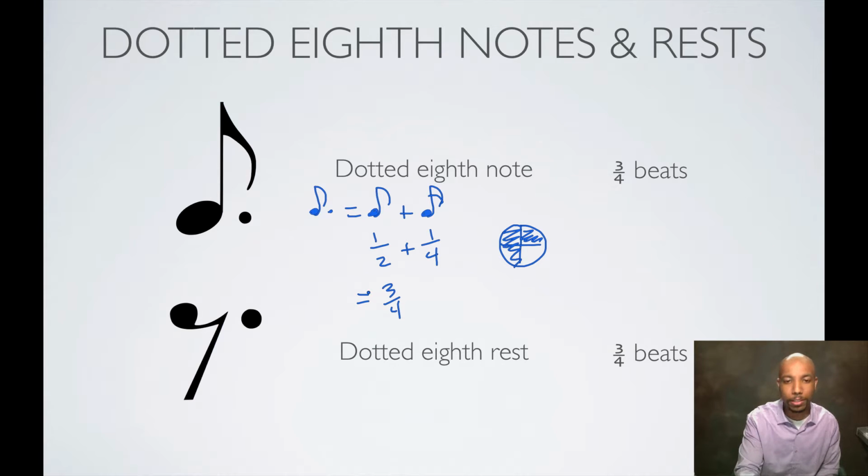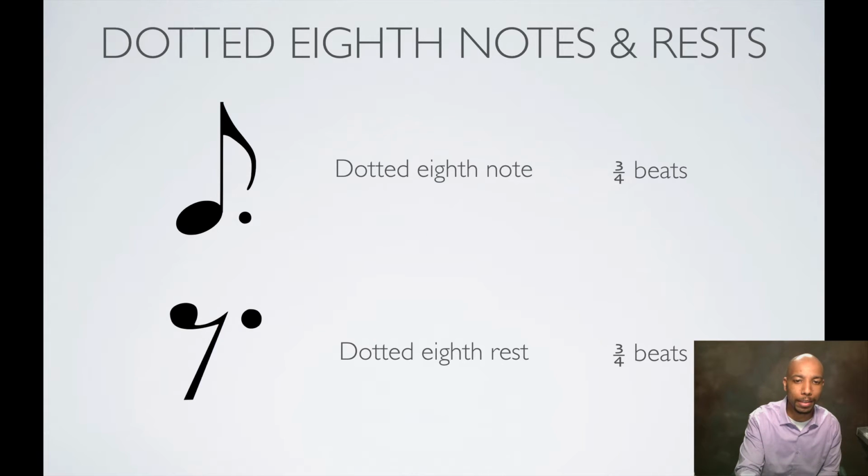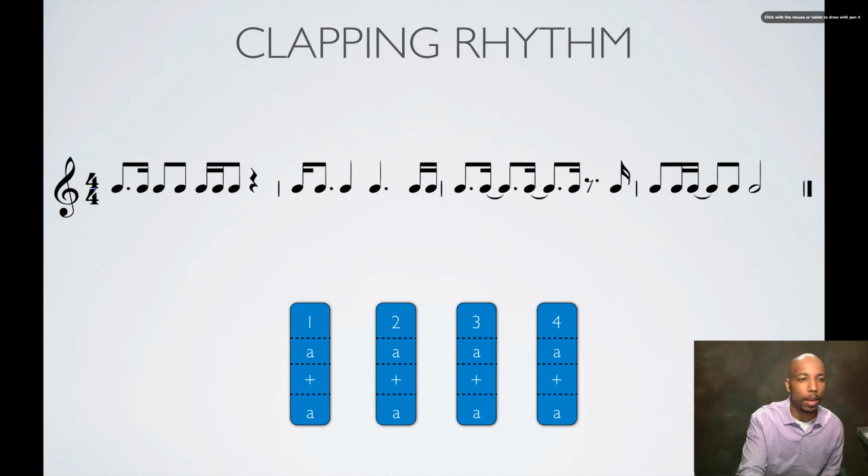And let's continue on and take a look at how we can count this. So just like before, we're breaking everything down into quarters. So that's why our beat has 4 pieces. Each beat is broken down to 4 pieces. And we use the analogy of the chocolate bar. So each chocolate bar, which is 1 beat, has 4 pieces, and we assign them appropriately. So this is 3/4 of a beat.